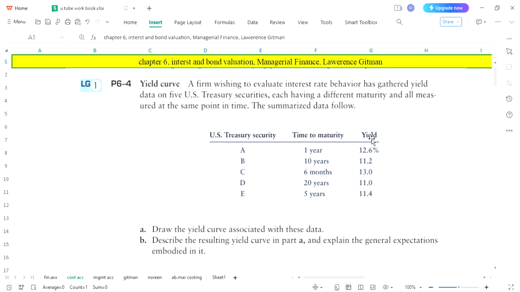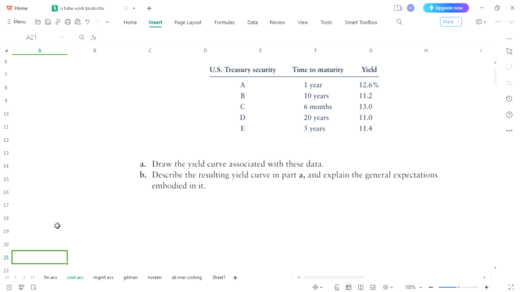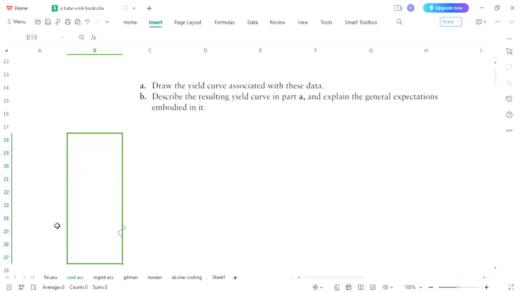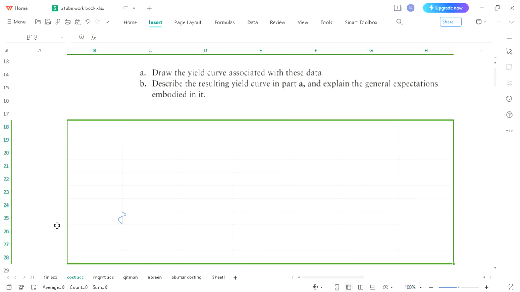So obviously, as usual, we have an x-axis and a y-axis. Here we will present this graph, so let's start making it. Here is your y-axis and then the x-axis.